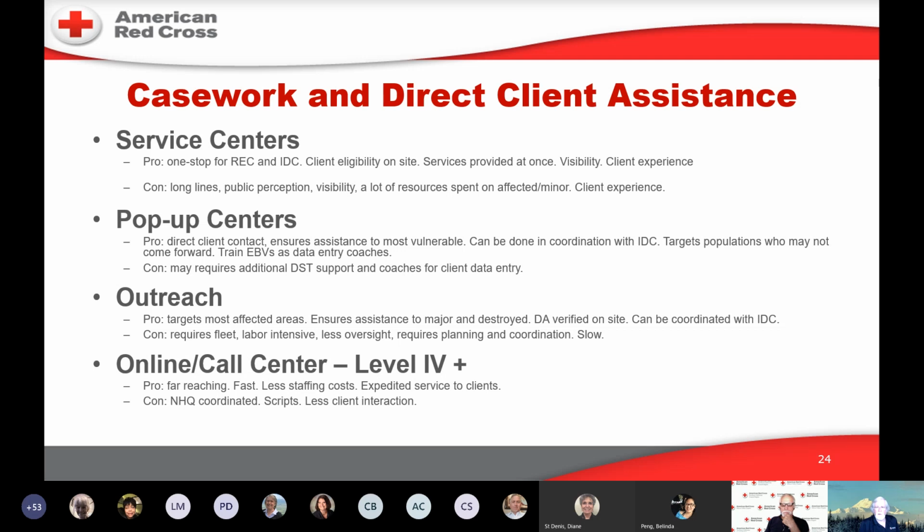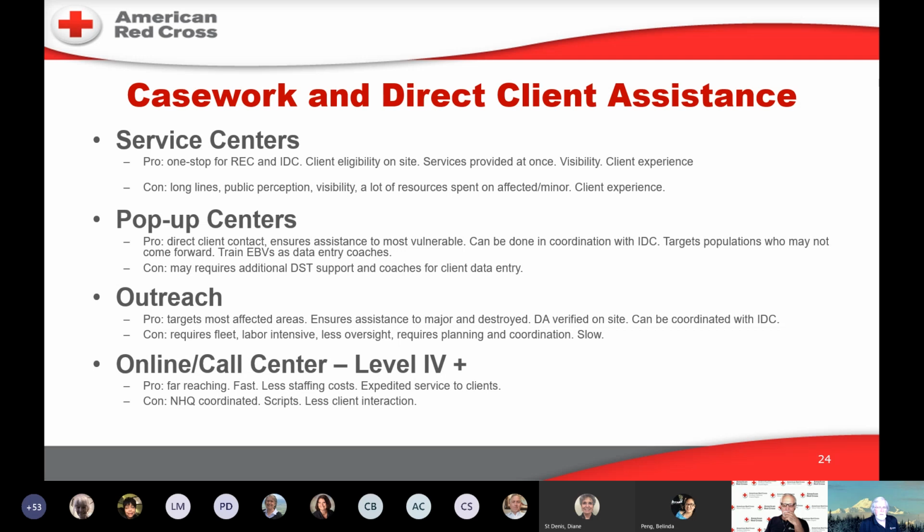And then they go ahead and open a case and provide assistance on the spot. It does require vehicles. Again, the preferred is going to try to identify the client and then reach them in a virtual manner.